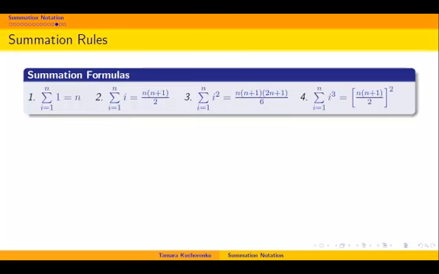The sum of i cubed from i equals 1 to n equals n times n plus 1 divided by 2, squared. These formulas could be proven using the principle of mathematical induction. Formulas for the sums of the powers of positive integers were discovered by a Swiss mathematician, Jacob Bernoulli, at the end of 17th century.